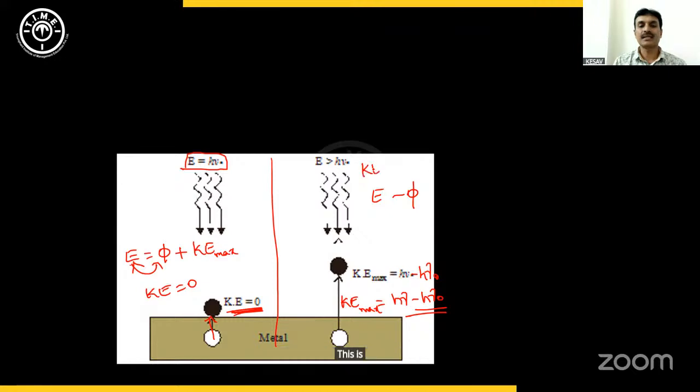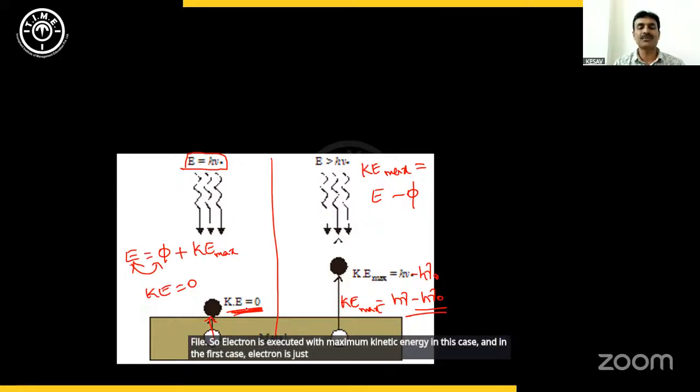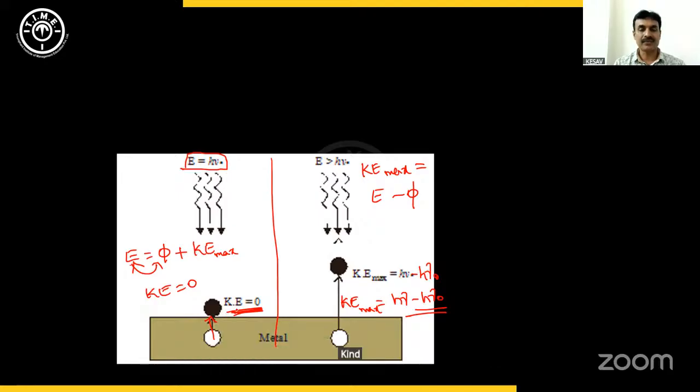This is the maximum kinetic energy. So the electron is ejected with maximum kinetic energy in this case, and in the first case the electron is just released from the metal surface without imparting any kinetic energy to it.